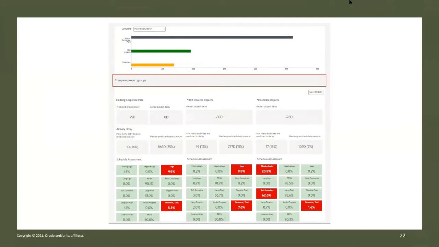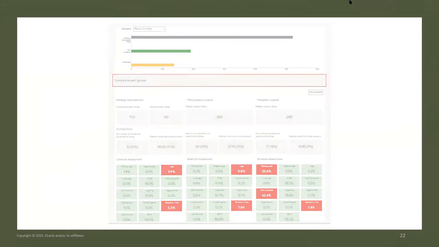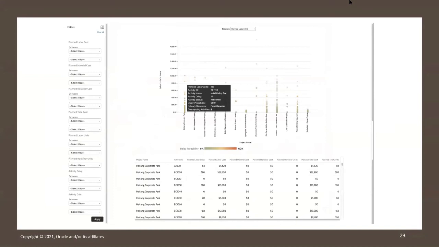And I will be able to then share how the current project compares to historical projects. I can compare it on a whole bunch of different metrics like this. I won't go into each and every example here, but the idea is that you're constantly comparing your present project to historical data and showing what might happen on this project compared to what has happened in the past.